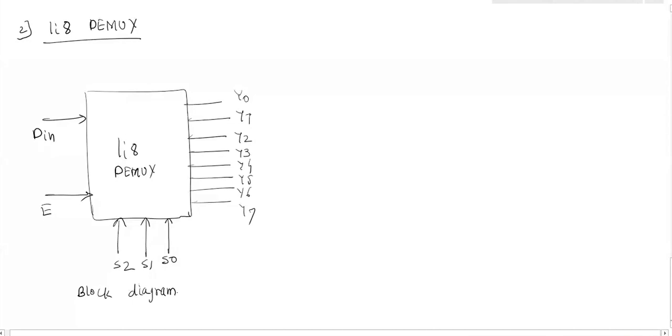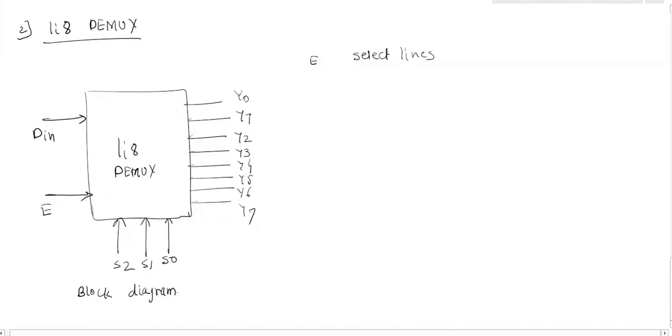Now based on the select lines, the 1 to 8 demultiplexer selects one of the output lines to route the data input as the output. Now let's see the function table of the 1 to 8 demultiplexer. The inputs taken are the enable input, then the select lines and the DIN, that is the data input.